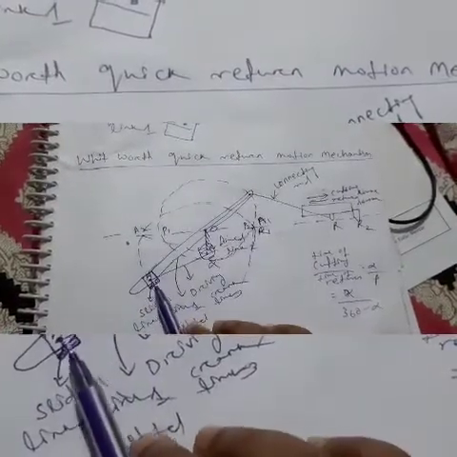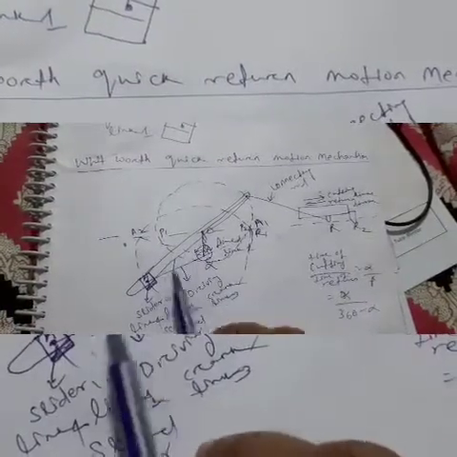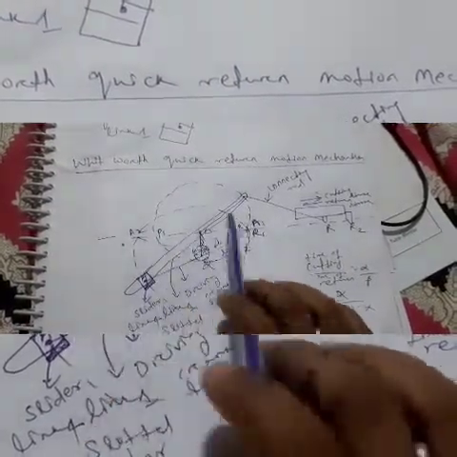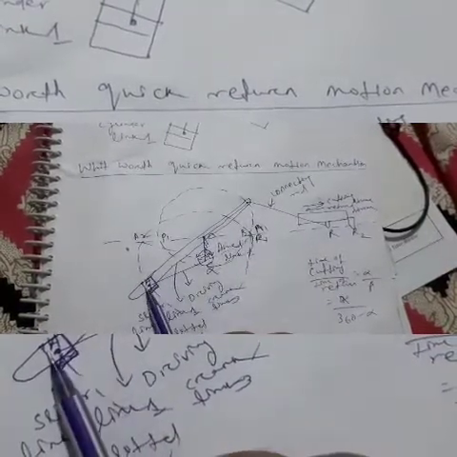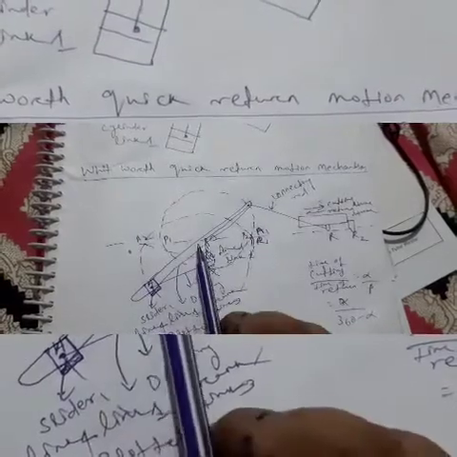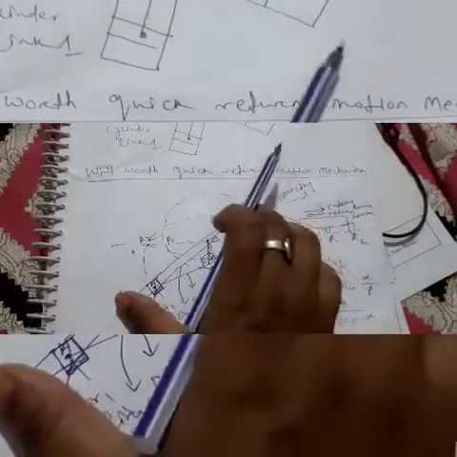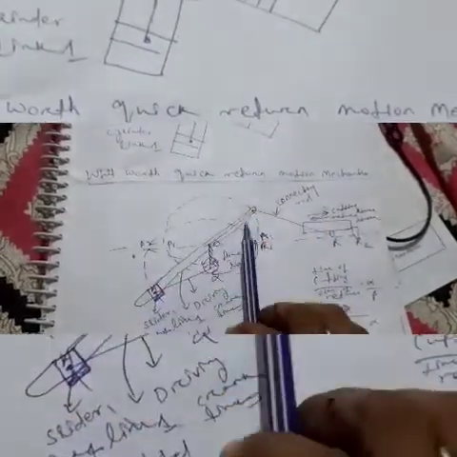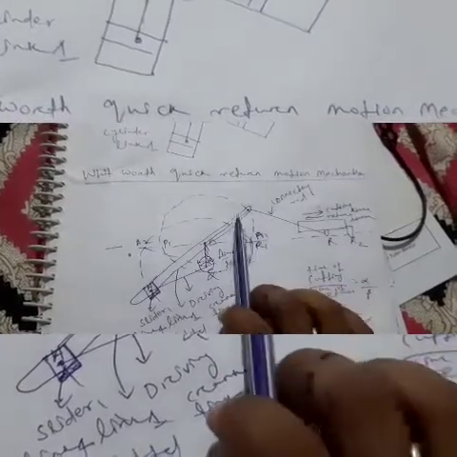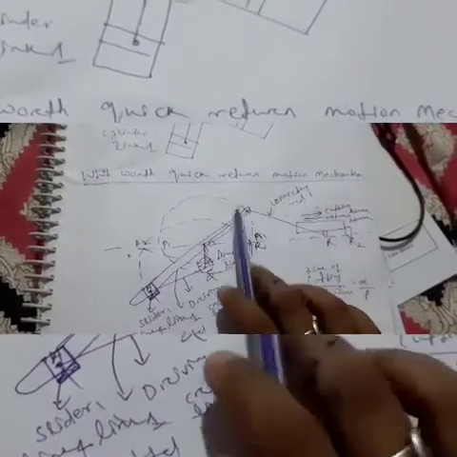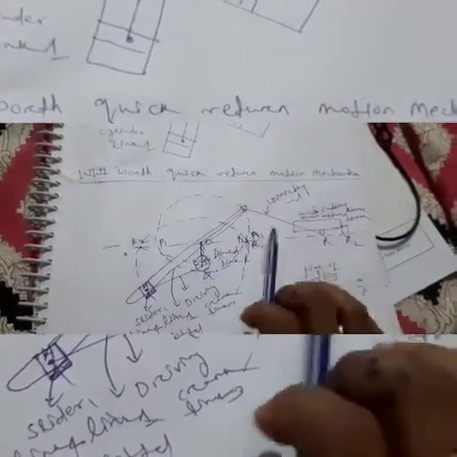So this slider is placed inside this slotted bar, so this slider will also reciprocate due to the rotation of the crank, and because this slotted bar is fixed to this point A, the slotted bar is pivoted about this point D, so it will oscillate about this point D. So because of the oscillation of this slotted bar, this connecting rod attached to the slotted bar will also oscillate. So because of the oscillation of the connecting rod, this ram will reciprocate.